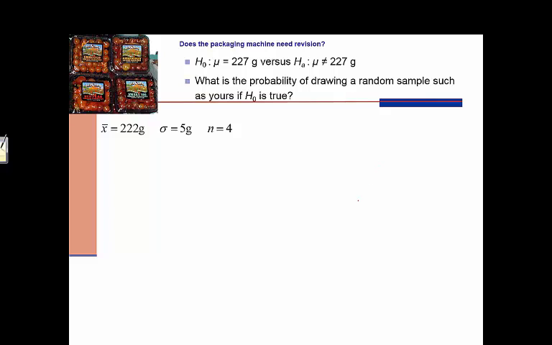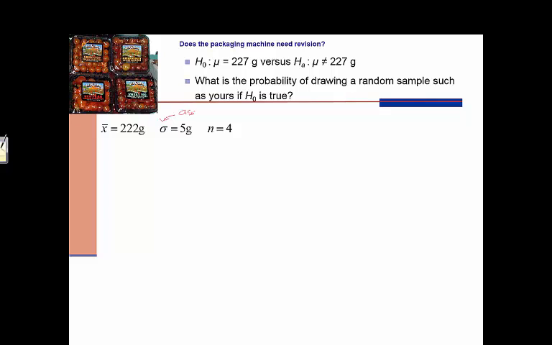So in this example of cherry tomatoes, we had the hypothesis that mu is equal to 227 versus it's not, and x bar equals 222. That's what you got your sample weight as.